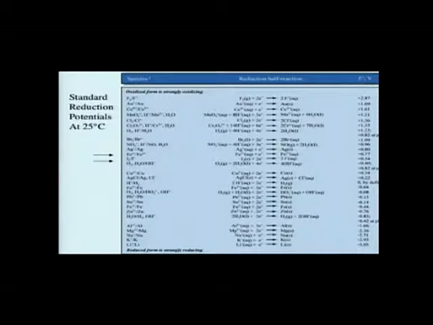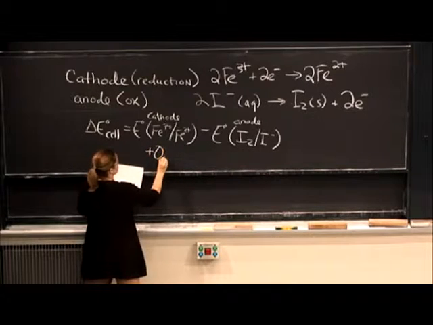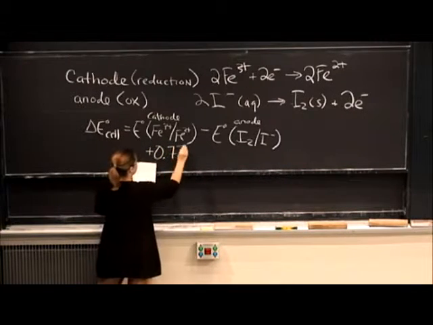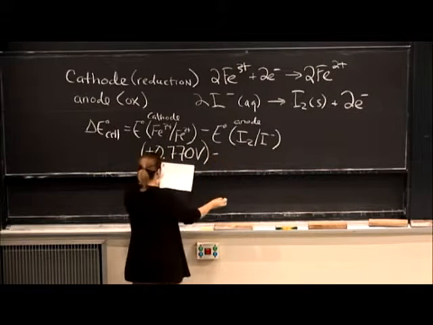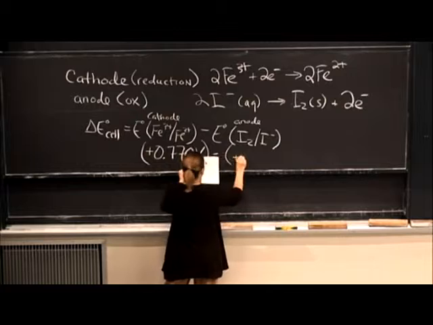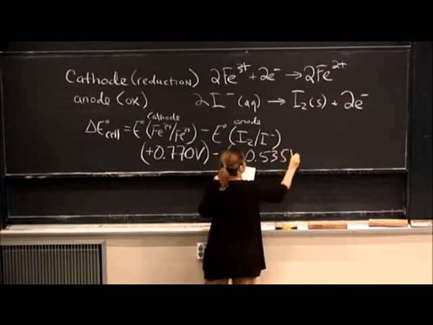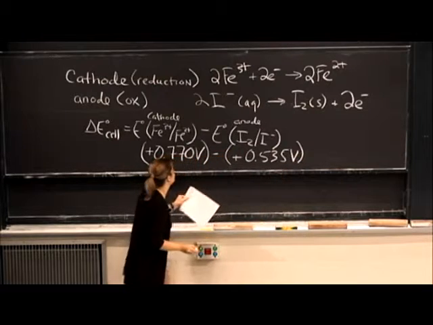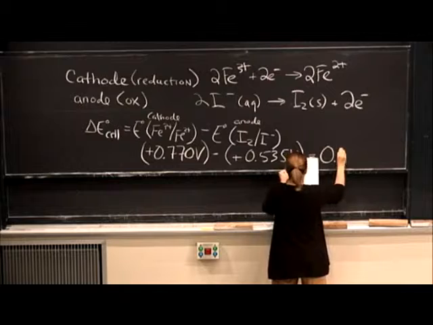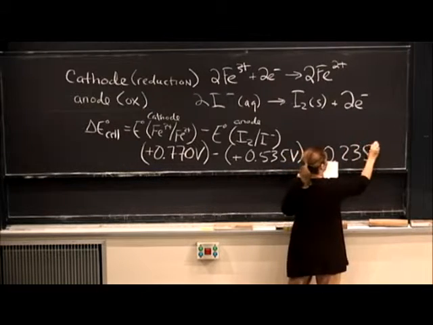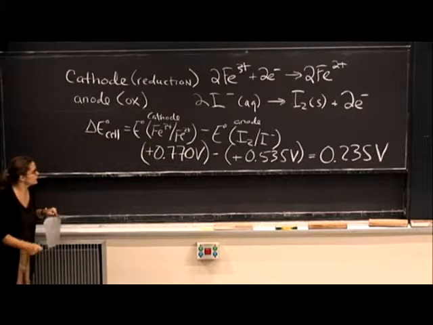Then we can plug in those values. So for iron, we have plus 0.770 volts minus plus 0.535 volts, and that's going to equal 0.235 volts, which is a positive number.